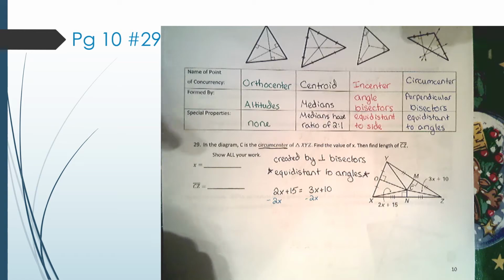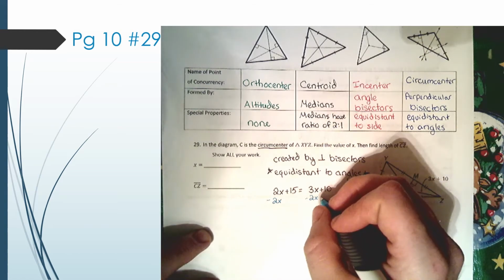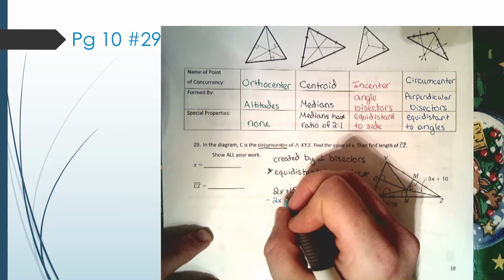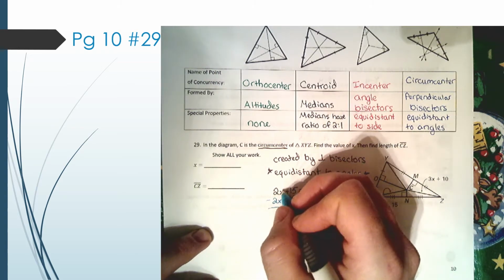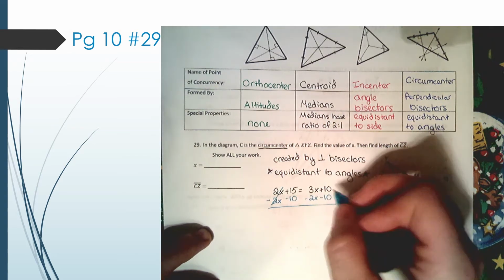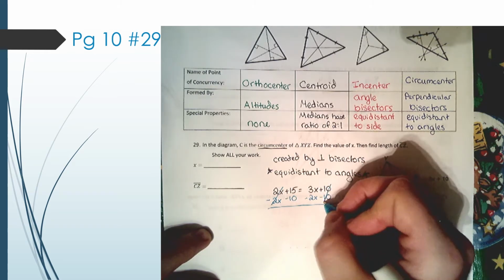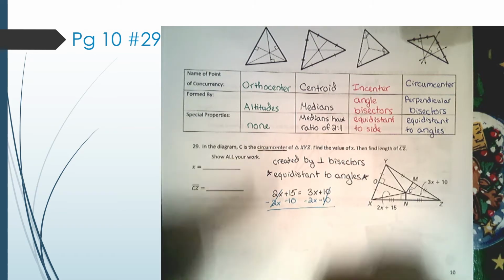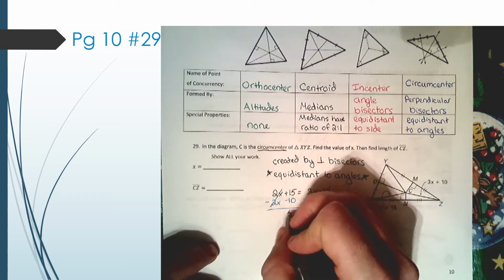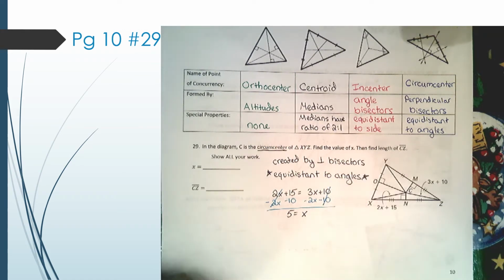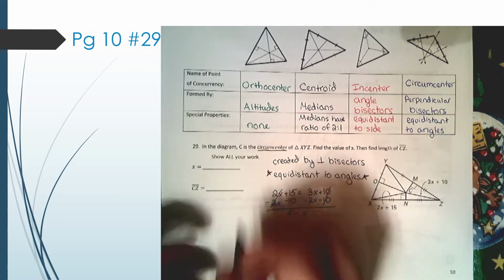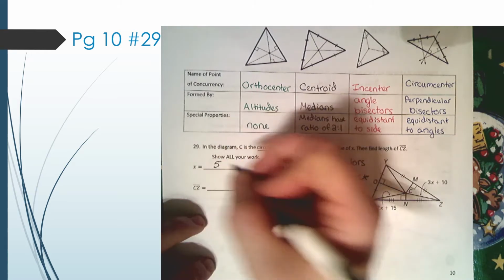And I'm also going to subtract 10 from both sides. So that'll cancel the 2x on this side, and it'll cancel out the 10 on this side. So now I'm left with 5 equals x. So my x is equal to 5.